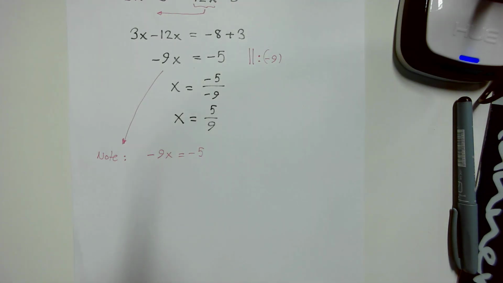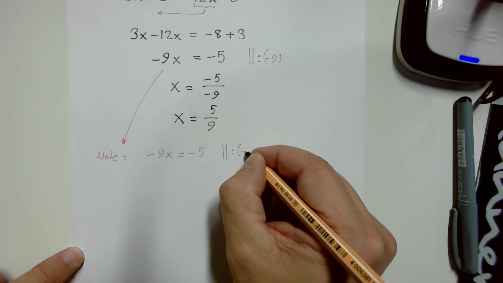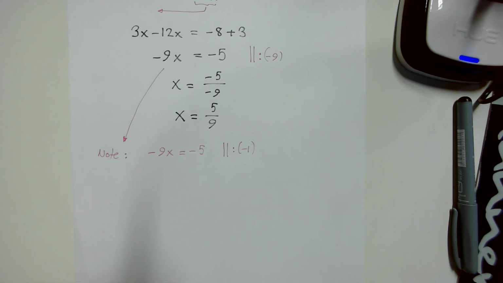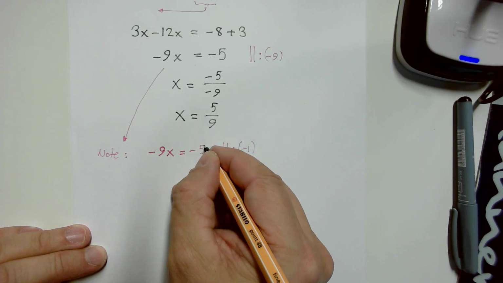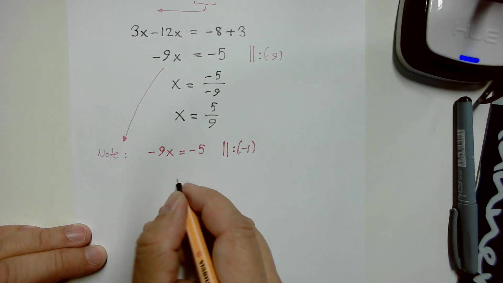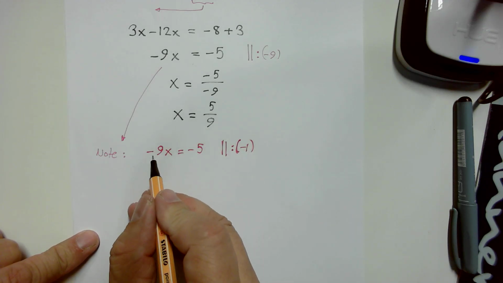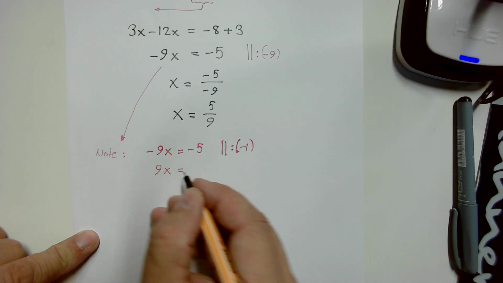As was said, in this step we could multiply this with minus 1, and after that, when we multiply with minus 1, the sign changes, so it becomes 9x equals 5.